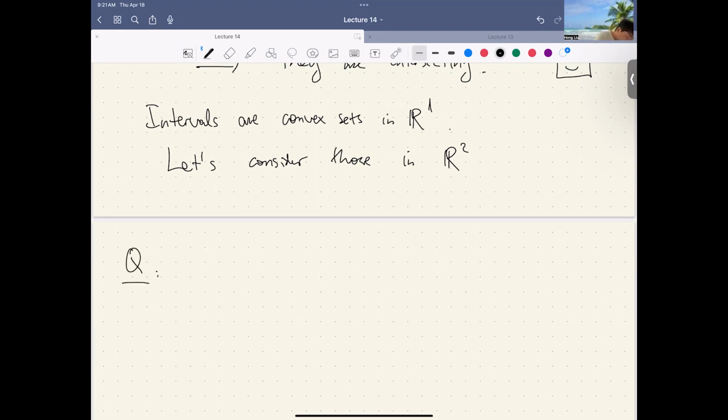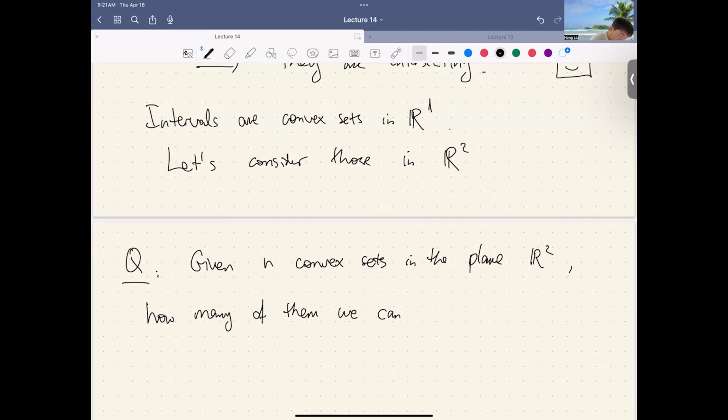So now the question is, given n convex sets in the plane R2, how many of them can we find that are pairwise disjoint or intersecting.